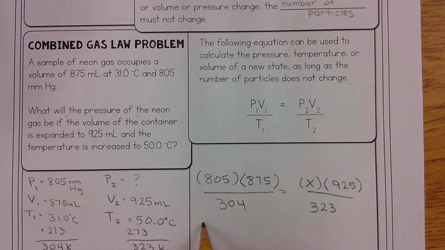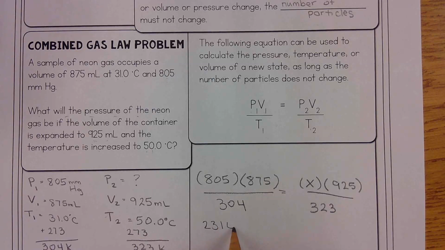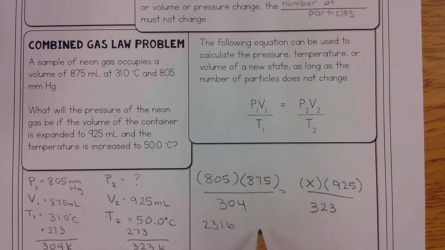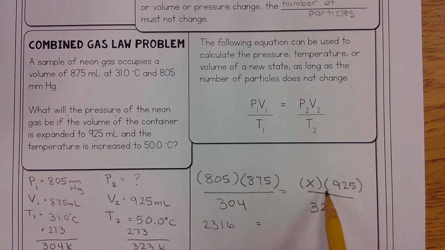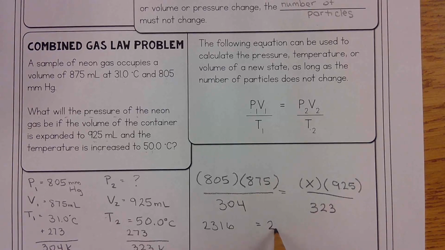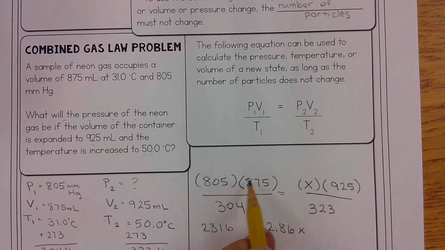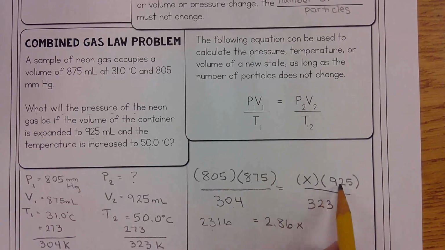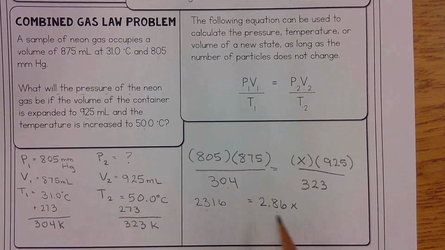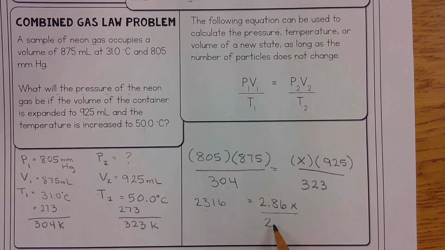And I'll just do the math. 2316 equals, divide here, 2.86x. So I just multiplied 805 times 875 divided by 304. Got that. 925 divided by 323. Got that. Times x. Simple math.